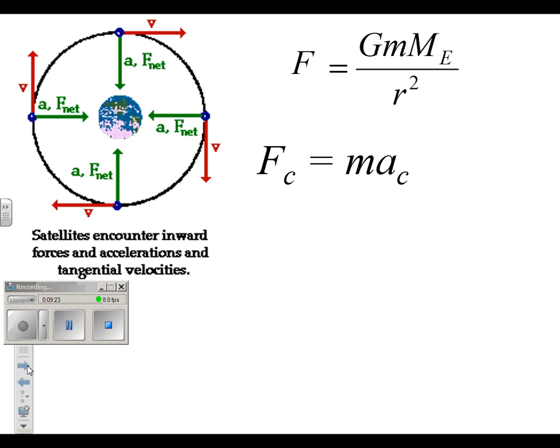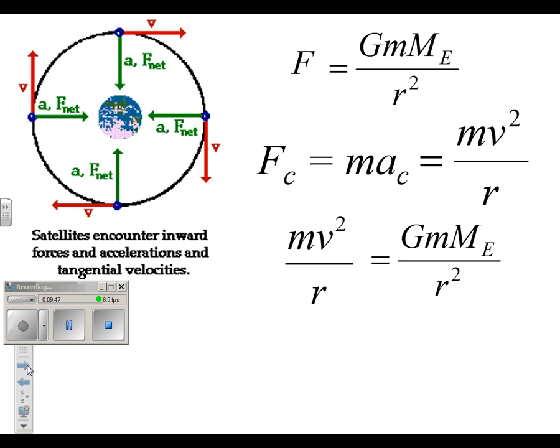This is where I come up with that saying again: a force is a force is a force. So if the centripetal force is caused by the attraction force between the two, then you can set these two equal to each other. If we can set them equal to each other, and even expand out our centripetal force formula as m v squared over r, then we end up with this formula.